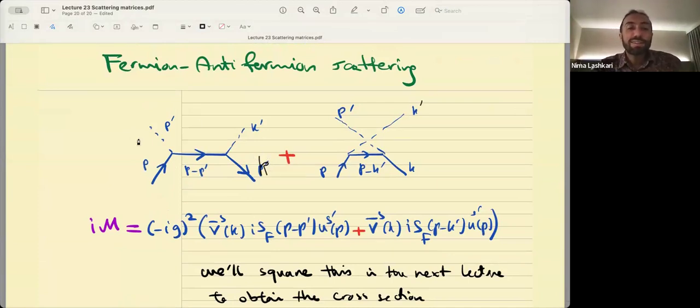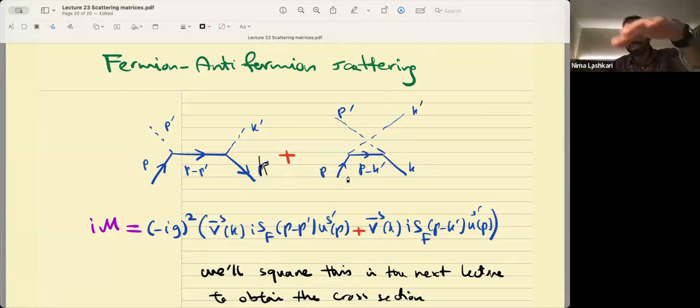Feynman diagrams can also describe the scattering of, if I rotate this on its side, right? It could be describing the scattering of a fermion and a scalar going to a fermion and a scalar. These 2 diagrams, they both contribute.